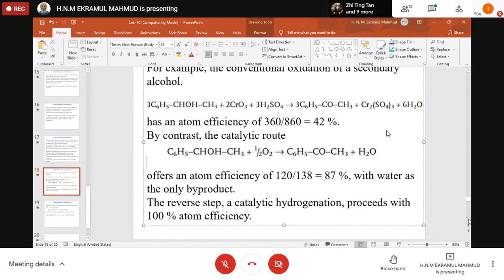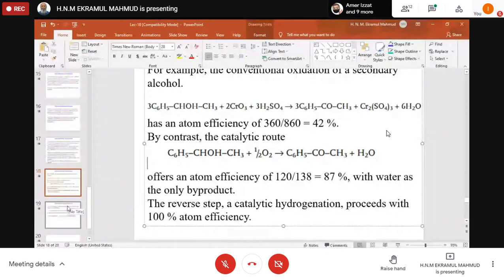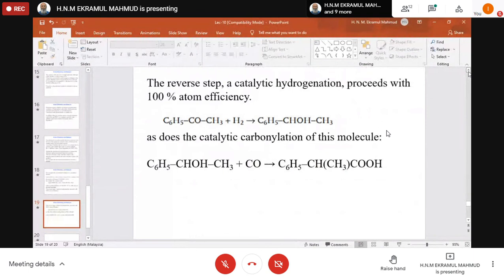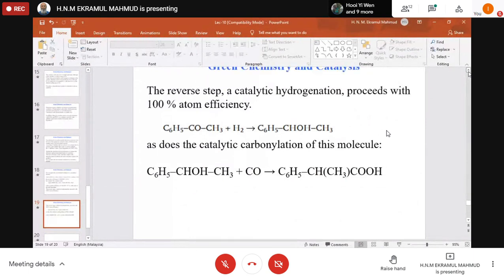So what type of catalyst? I think it can be found out. Okay. So the reverse step, a catalytic hydrogenation, proceeds with 100% atom efficiency. If you see this one, this type of reaction is 100% atom efficient, and so does the catalytic carbonylation of this molecule.